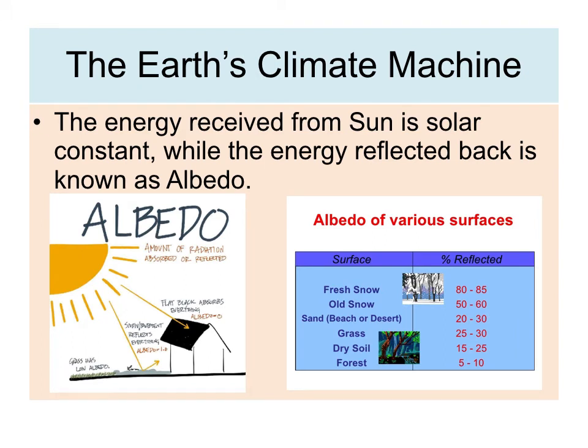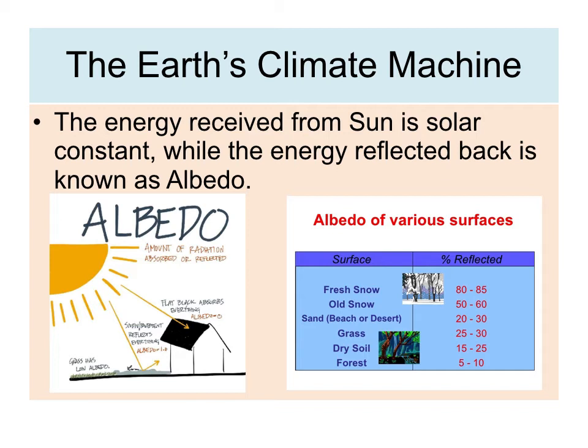Now there is one more parameter which is also very important in climate change and weather patterns. It's called albedo. What is albedo? The energy received from the sun is the solar constant, but the energy reflected back is called albedo. How much energy is reflected back? So albedo varies, whether it is a black body or a white body, it keeps changing. You can see the various albedos given there, and the right shows the figures.